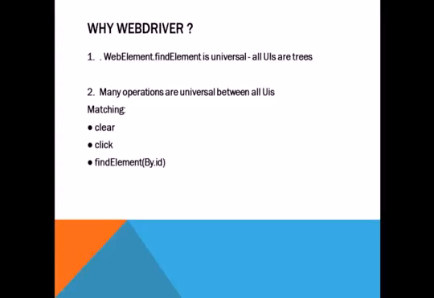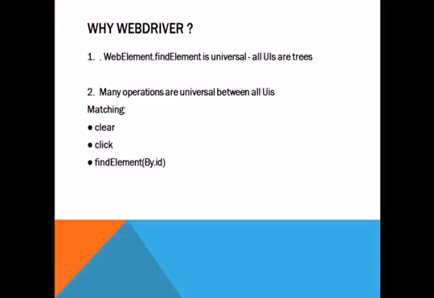So let's talk about why WebDriver. First, web element is universal. All UIs are trees. Second, many operations are universal between all UIs, such as clear and click. Click is really funny; it should be touch. Maybe there it will be do.